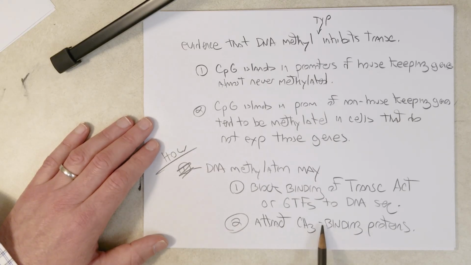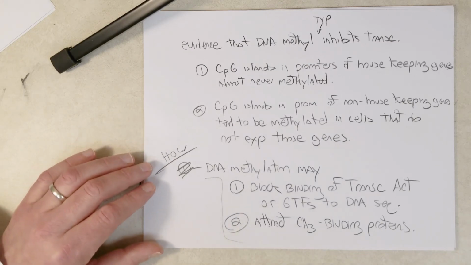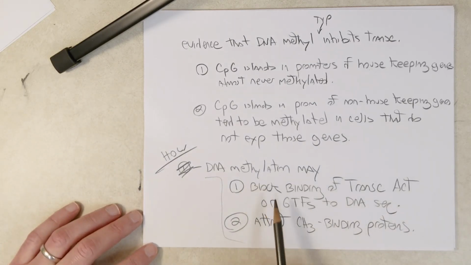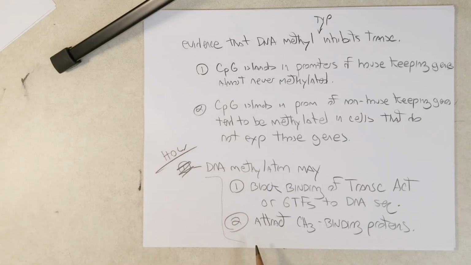And those histone tail modifying enzymes may modify the histone tails in a way that prevents transcription of the nearby genes. So we have two ways that DNA methylation may inhibit transcription there. And again, these are very active areas of research.